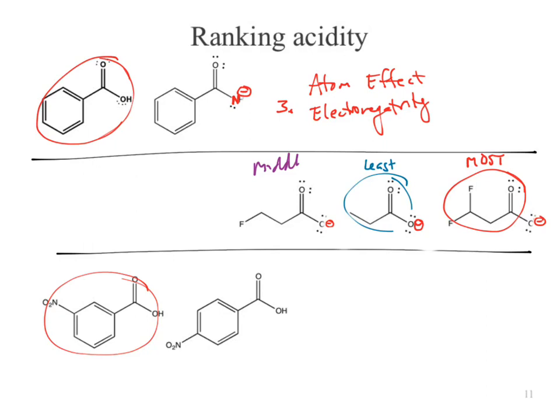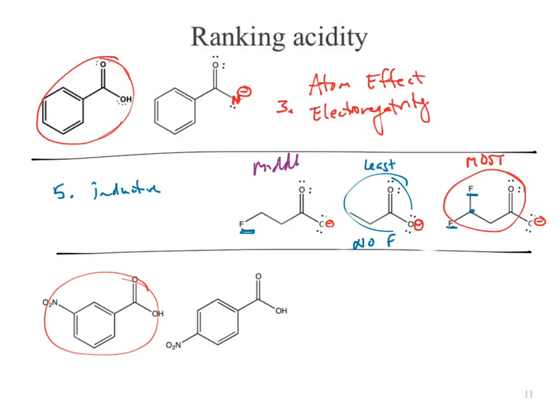What do we notice? Okay, so we're looking at an inductive effect, which got us to what, rule 5? Okay, we're looking at the presence of fluorines versus no fluorines. Well, what is fluorine? The most electronegative element on the periodic table, so what does it do? It draws electrons into the structure.